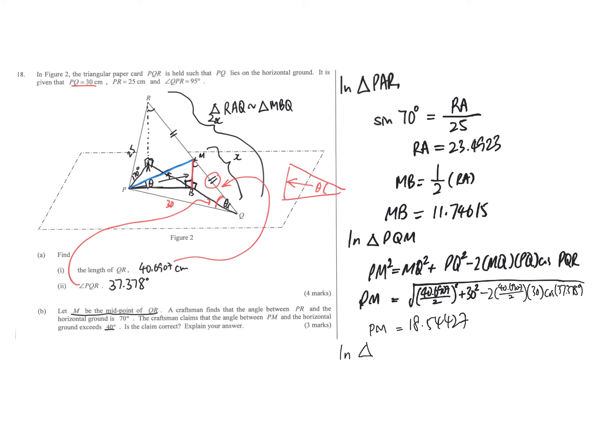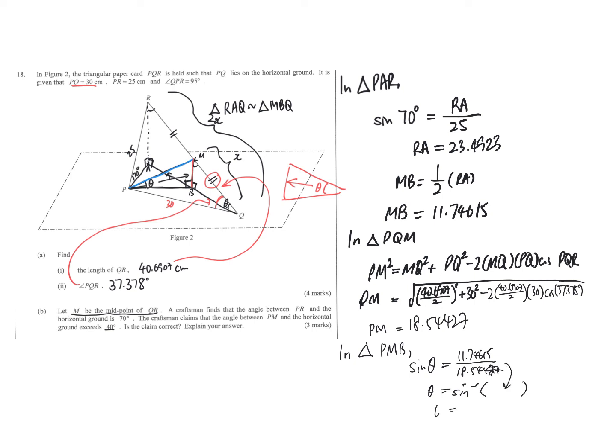Now because we know the two sides of the right angle triangle that we're looking at, the final triangle PMB, we can simply do sine theta equals the opposite side, which is MB, 11.74615, divided by the hypotenuse, which is 18.54427. To find the answer, we just have to shift sine this value.